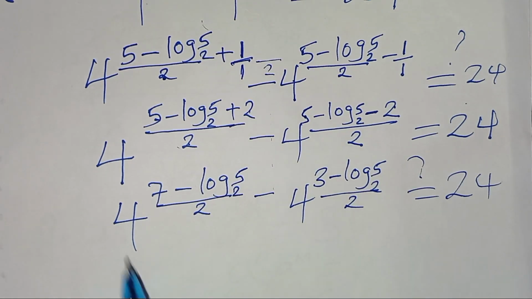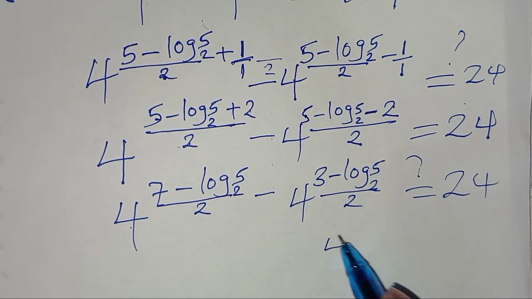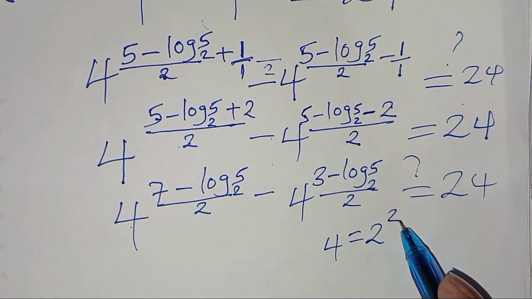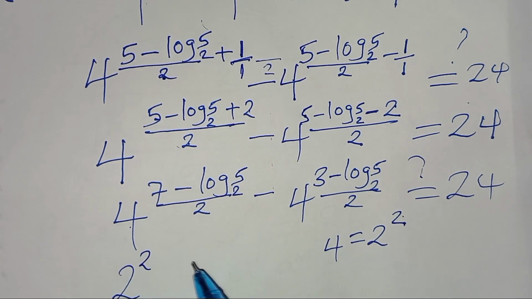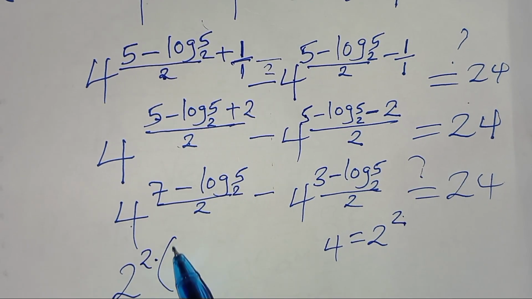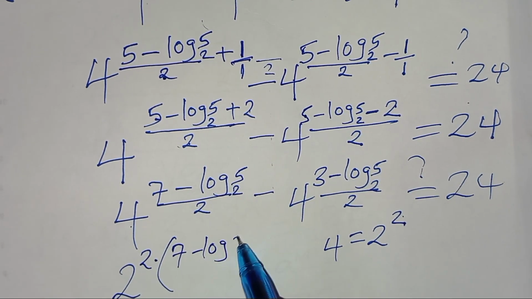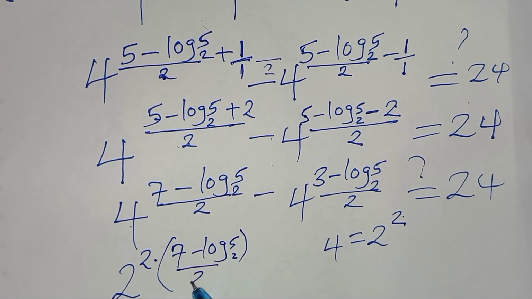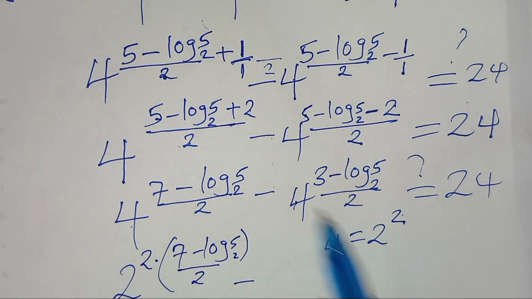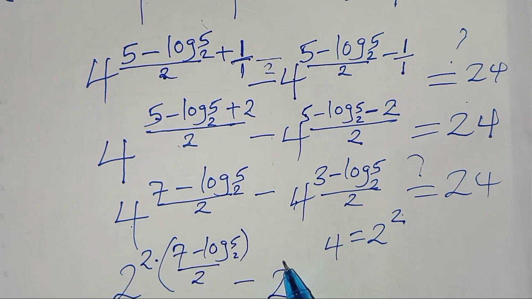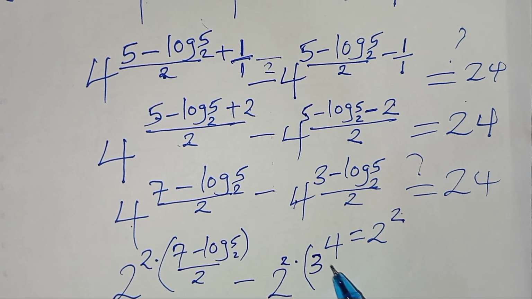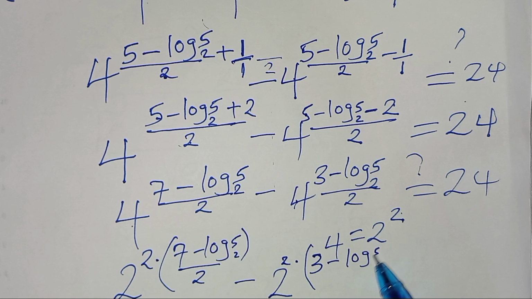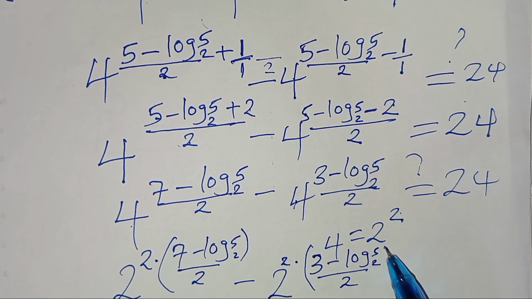Now, we can express 4 as 2 to the power of 2. Okay. So this is 2 to the power 2 multiplied by, this is 7 subtract log 5 to base 2, divided by 2. Subtract 4 again, which is 2 to the power of 2 multiplied by, in the parentheses, 3 subtract log 5 to base 2 divided by 2.